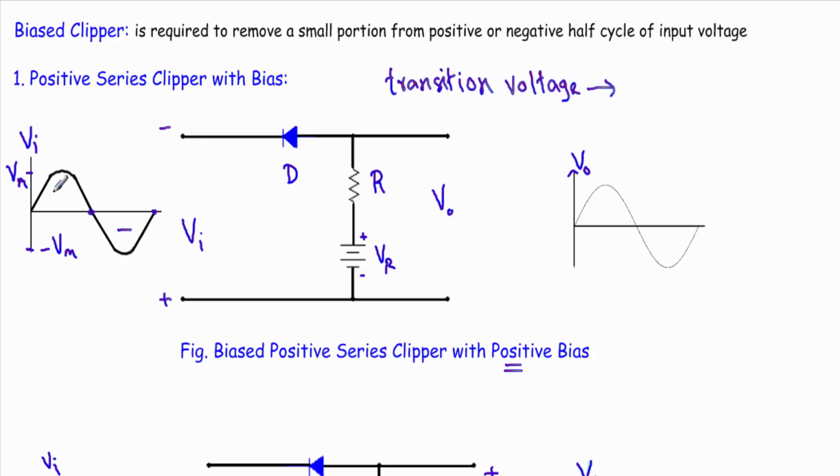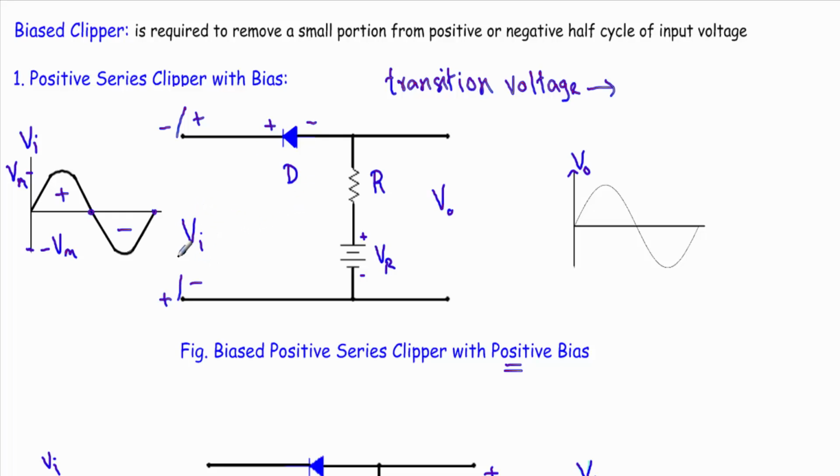See, during the positive half cycle of the input voltage, this terminal will be positive and this terminal will be negative. Now consider the effect of individual voltage source in case of this diode. If I consider this input voltage, this terminal will be positive and this terminal will be negative.